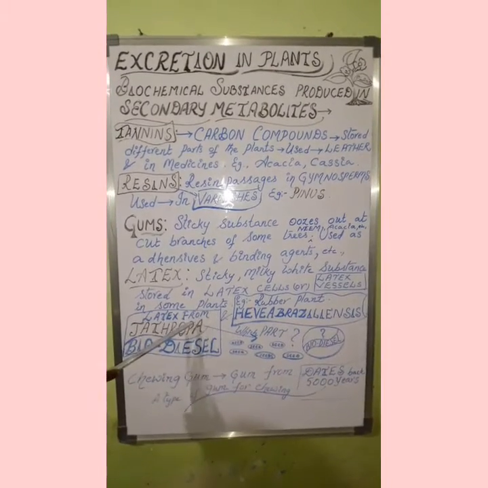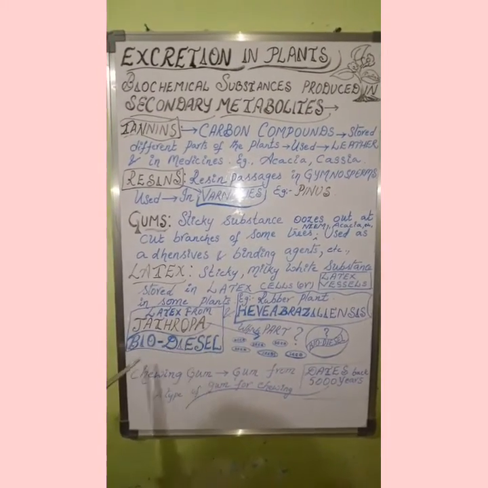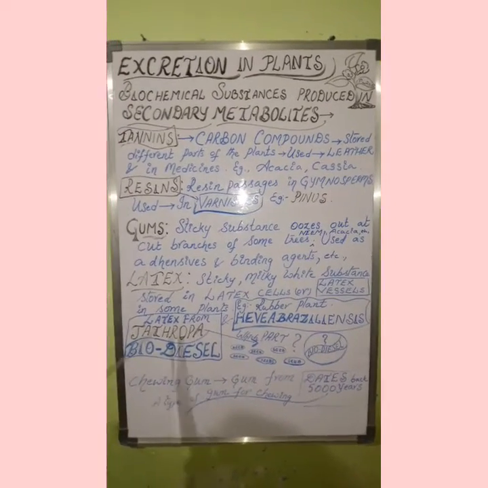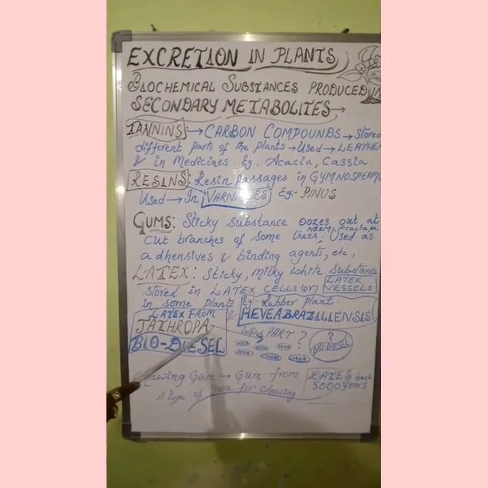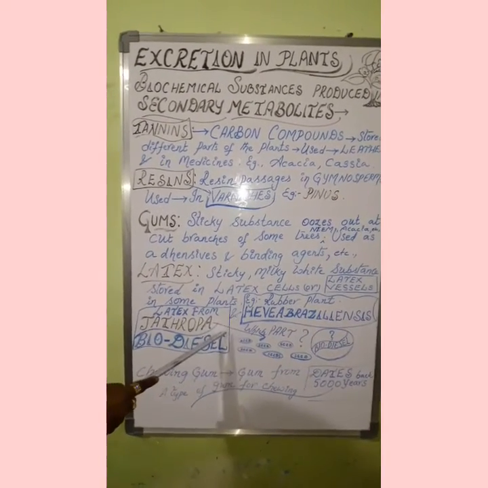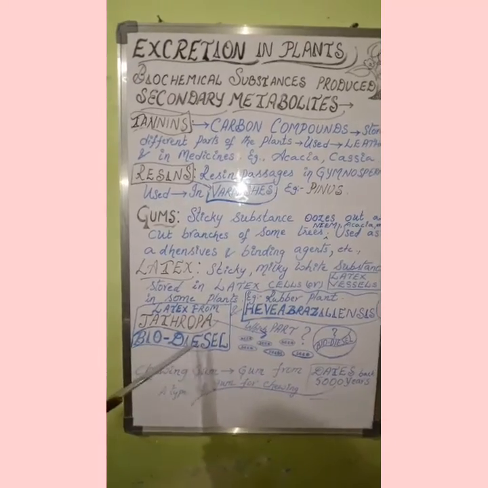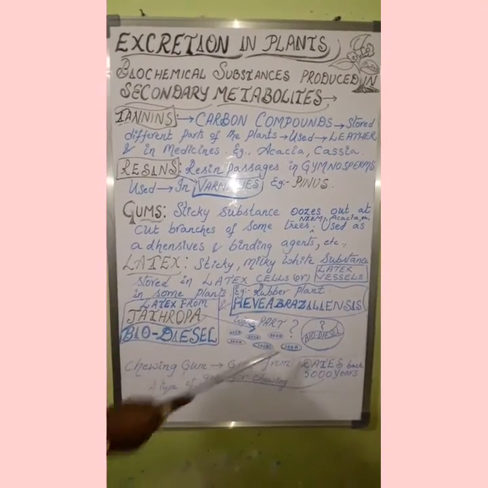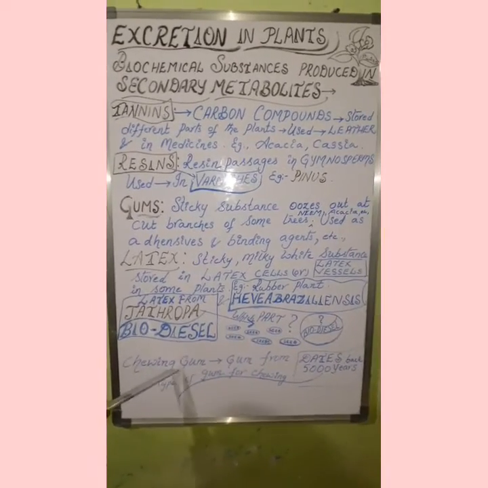The latex from the Jatropha plant is used to produce biodiesel. It is an amazing fact to know which part of the Jatropha plant is used to produce biodiesel. It is the seeds.